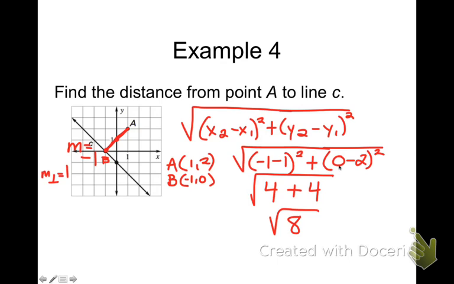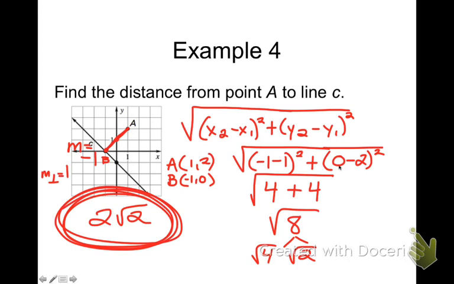What perfect square goes into 8? 4 and 2. Yeah, 2 square root 2. 2 square root 2 is our answer. Good.